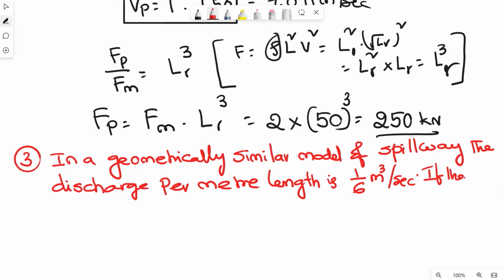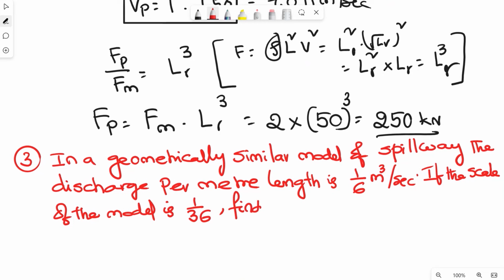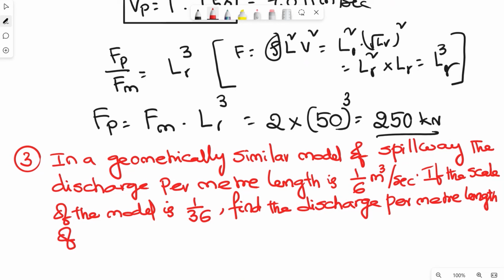If the scale of the model is 1 by 36, find the discharge per meter length of the prototype.